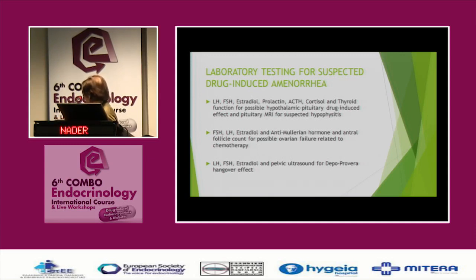In the case of the ovary, FSH, LH, estradiol, anti-Müllerian hormone, which will be low, antral follicle count for possible ovarian failure related to chemotherapy. And of course, if you're going to measure FSH, don't do it at any time of the cycle because FSH is cycle dependent. AMH, you can actually do at pretty much any time of the cycle.